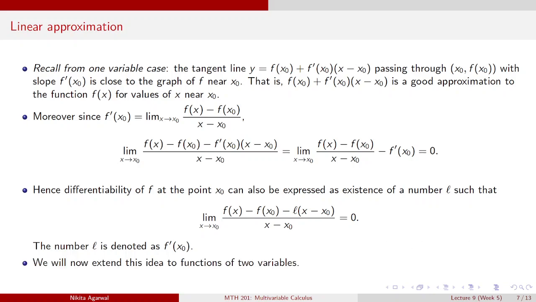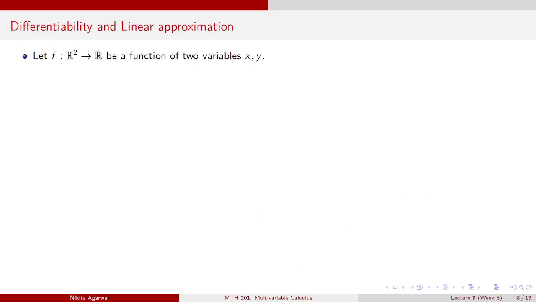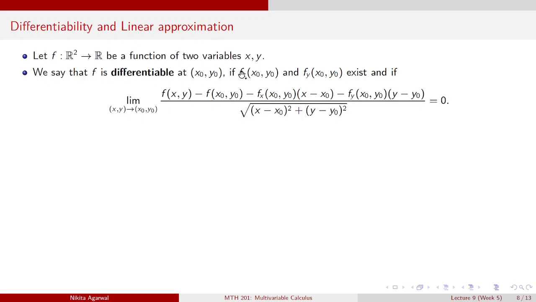Okay, so let us now extend this idea to functions of two variables. Suppose you have a function f from R2 to R, which is a function of two variables x and y. This is the definition. We say that f is differentiable at the point (x0, y0) if the partial derivatives exist at that point and if this limit is 0. Let us read this limit.